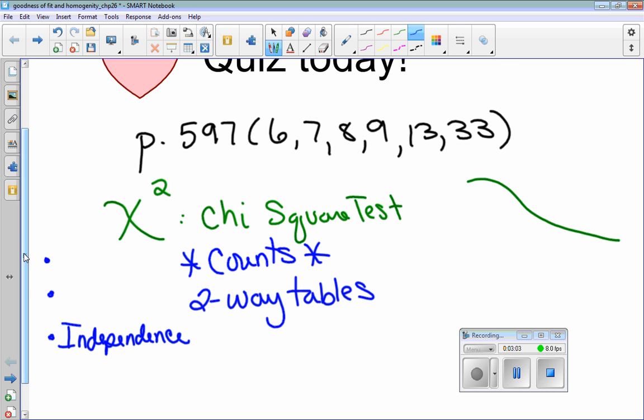If you remember when we did two-way tables a long time ago, we talked about probabilities and how I would use probabilities to show that something is independent of something else. Do you remember that? Where we talked about the probability of A and B is equal to the probability of A times the probability of B given A. Does that look familiar, sort of?